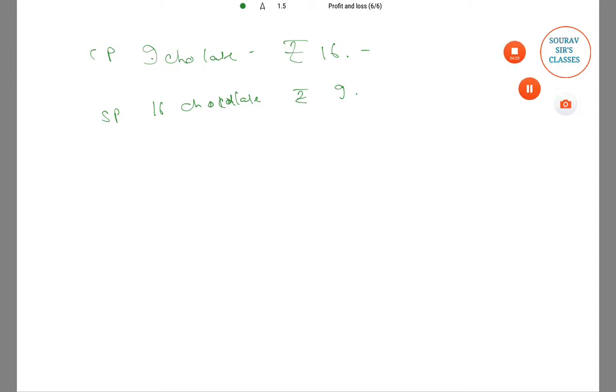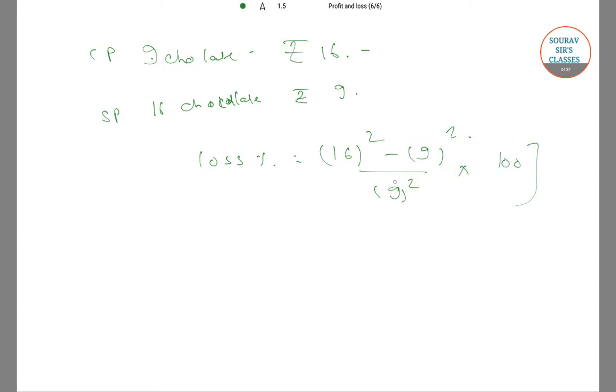Then his loss percentage is given by (B square, that is 16 square minus 9 square) divided by 9 square into 100 percent. Then his total loss percent is equal to 216.04%. This is his loss percent.